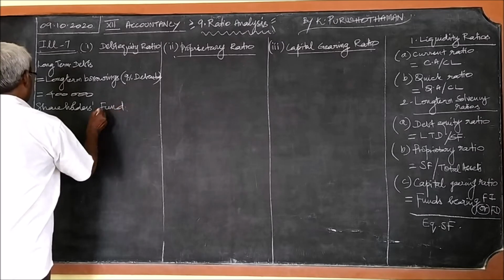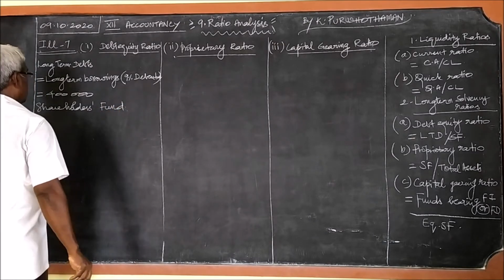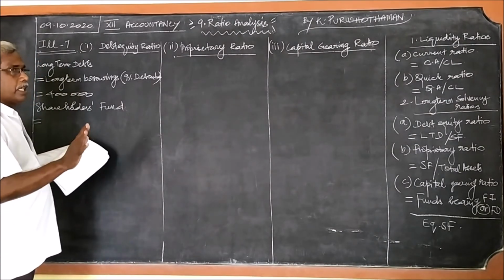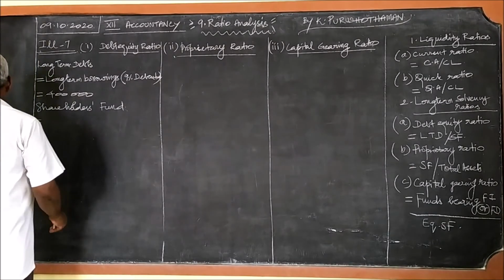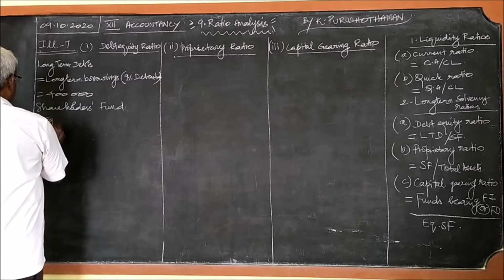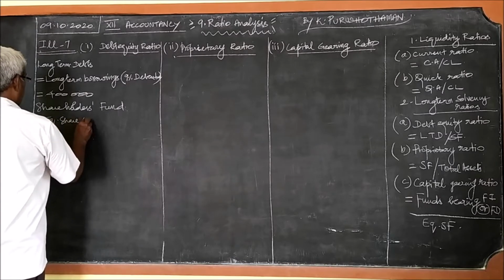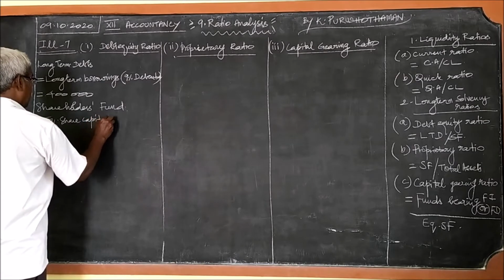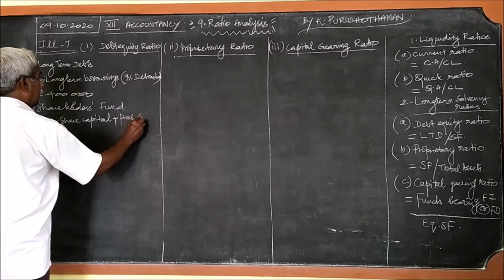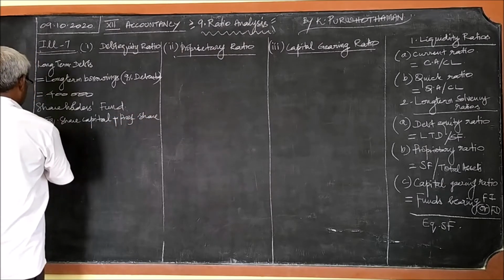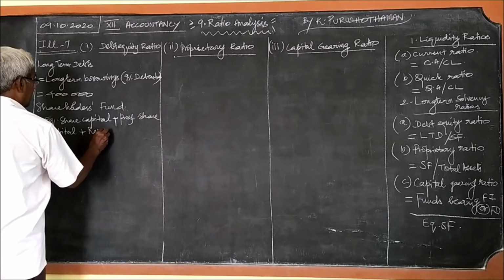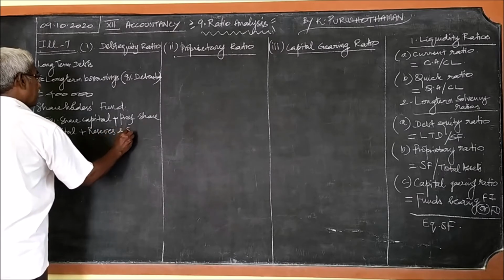Then denominator, shareholders fund. What are the items of shareholders fund? Any type of shares plus reserves and surplus. What are the different types of shares given here? Equity share capital plus preference share capital plus reserves and surplus.